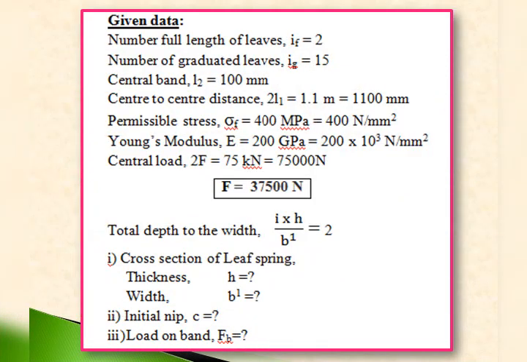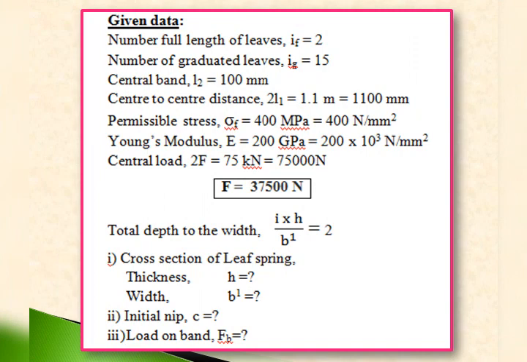Now we'll list out the data of this particular problem. A semi-elliptical leaf spring is used for the suspension of the rear axle of a truck. It consists of two extra full-length leaves, so the number of full-length leaves, n suffix f, is equal to 2, and 15 graduated leaves, so the number of graduated leaves, n suffix g, is equal to 15, with a band of 100 mm. So the central band distance given, l2, is equal to 100 mm.